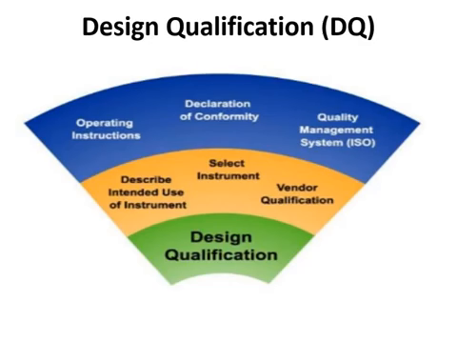Select instrument. For design qualification, this is also important that you are selecting the proper instrument according to your requirements, according to your procedure, according to your product, and describe the intended use of the instrument and tell how you are going to use your instrument.